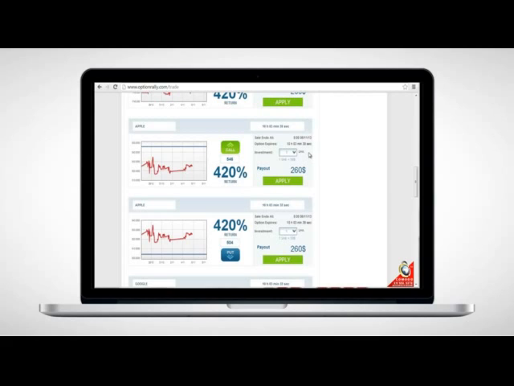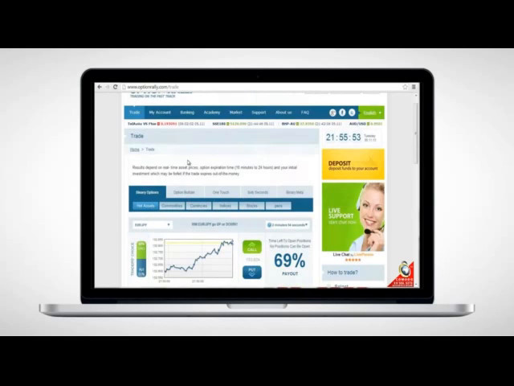So again, to trade this option, I would just pick the number of units that I want to invest in, where each unit represents a $50 investment. Click Apply, and I get this thank you message indicating that my trade has been approved.